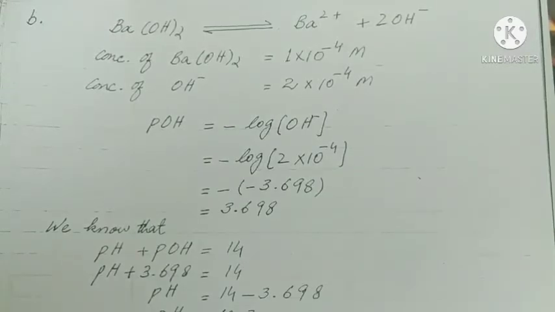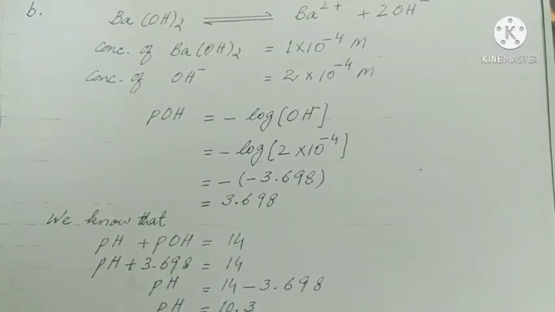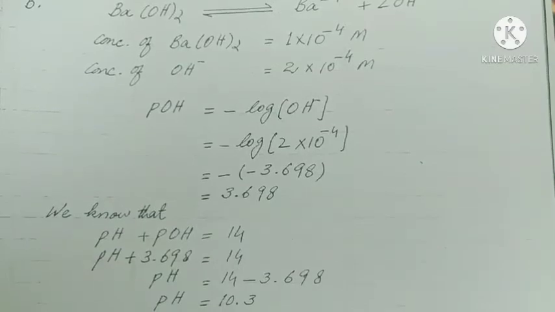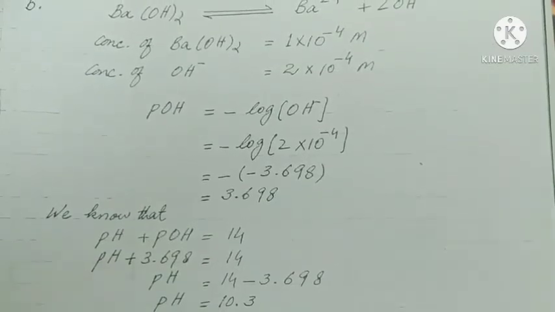Then minus into minus 3.698, which is 3.698. We know that sum of pH plus pOH is equal to 14. So pH plus 3.698 is equal to 14. Take 3.698 on other side, 14 minus 3.698, and pH is equal to 10.3. So the pH of barium hydroxide is 10.3.